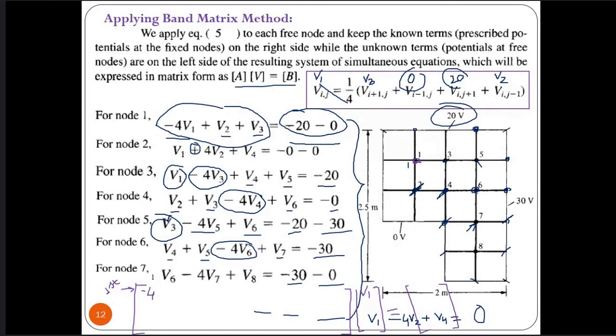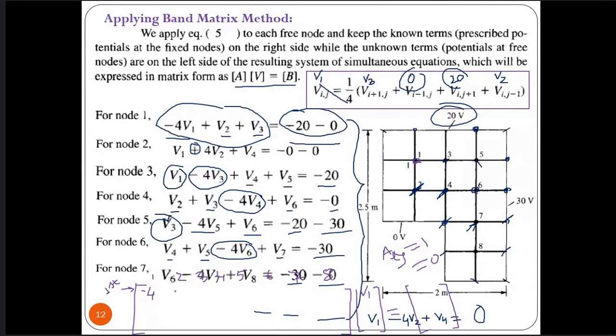It is 1, 2, 3, 4, 5, 6, 7, 8. Now you tell me what will be the value at A12. As per our discussion, 1. Aij will be equal to 1 if they are connected. Otherwise it will be 0.